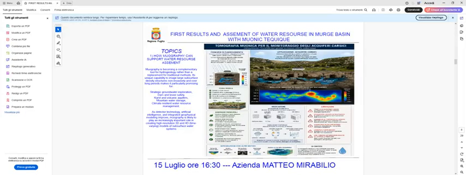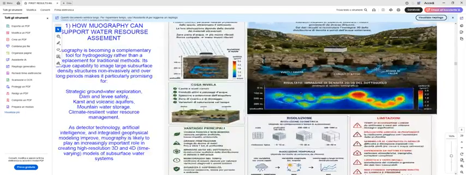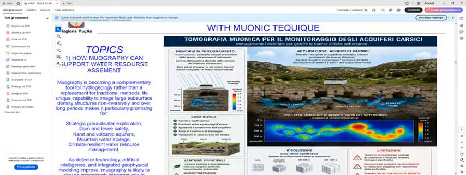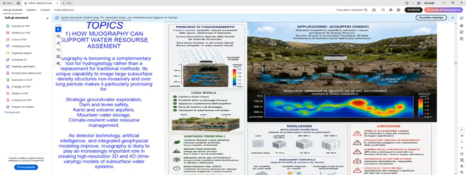This image was extracted from an acquisition in the central part of Murge. You have the first result, imaging 2D, 3D of the subsurface like tomography. You have the distribution of water in a cross-section, the distribution of water in the subsurface.